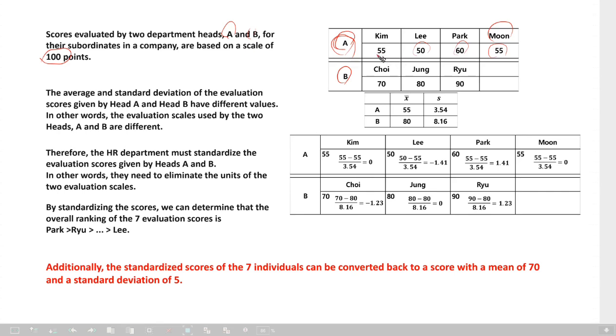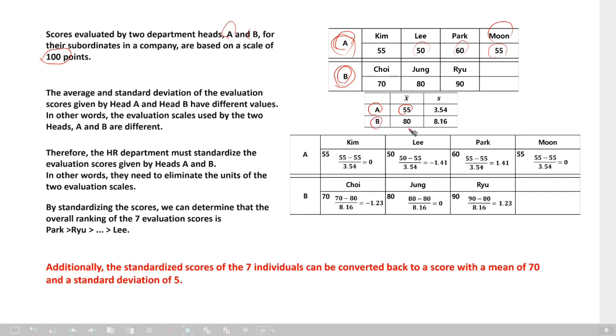Relatively low scores. Department head B gives Choi 70, 80 to Jung, 90 to Liu. Okay, 3 persons. So everybody can see A and B have different scales. Let's see: head A's mean for the 4 persons is 55, and its standard deviation is 3.5654.